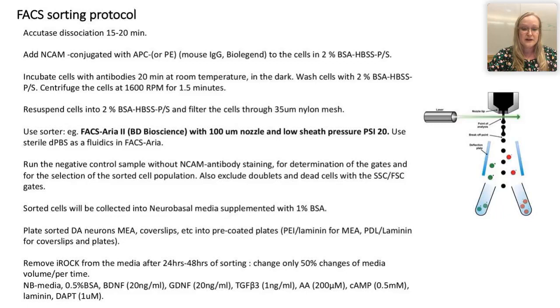And then we did the FACS sorting with a FACSAria with a 100 micrometer nozzle and low sheath pressure to ensure that the dopaminergic neurons were viable and didn't go through much stress during the cell sorting. We also added ROCK inhibitor to the media after cell sorting, and after 24 to 48 hours, we removed the ROCK inhibitor from the media by a partial media change.